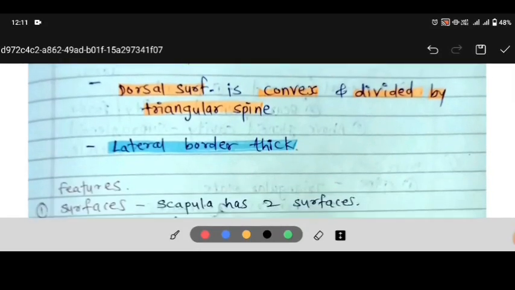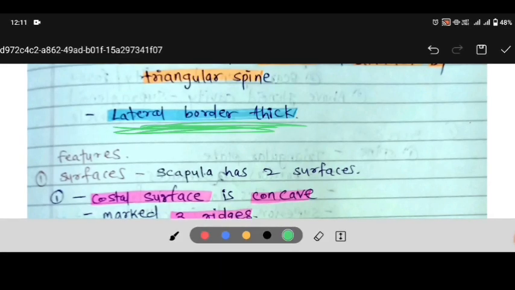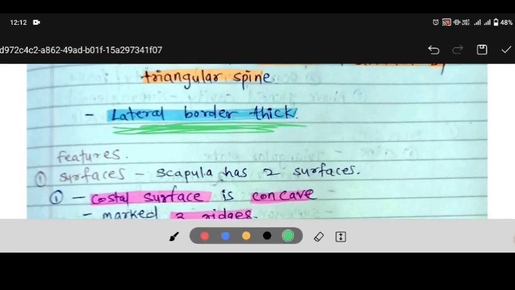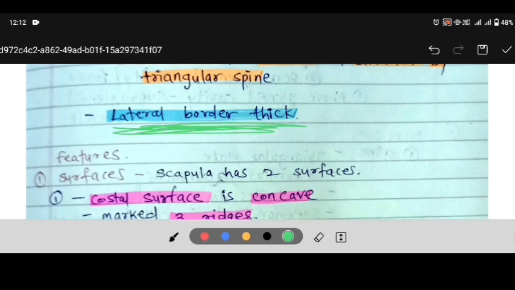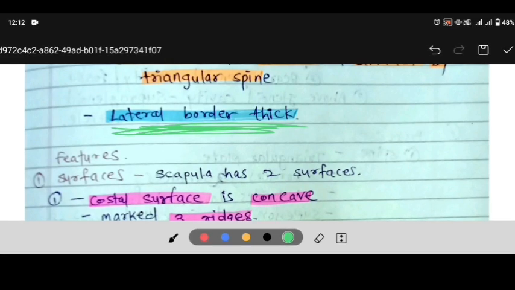And the lateral border is thick, which is the border between glenoid angle or lateral angle to inferior angle. That is the thickest border of the scapula.